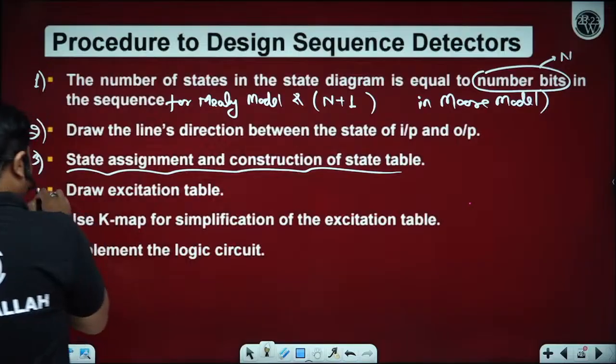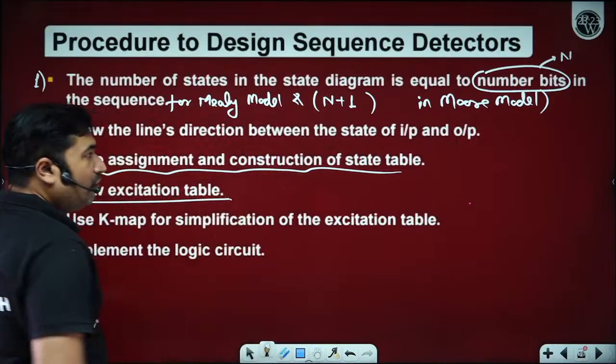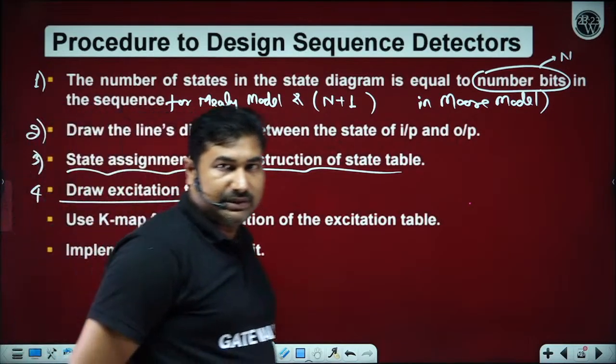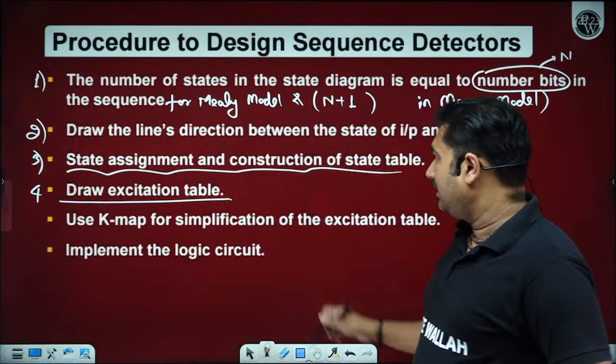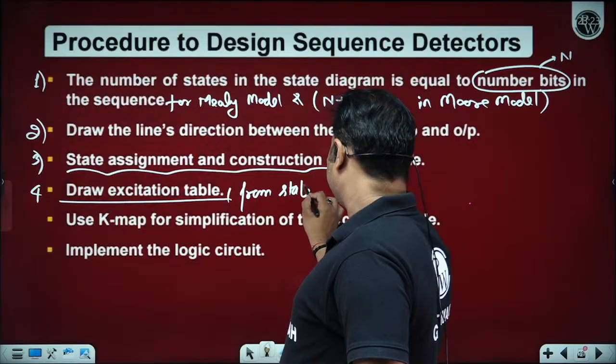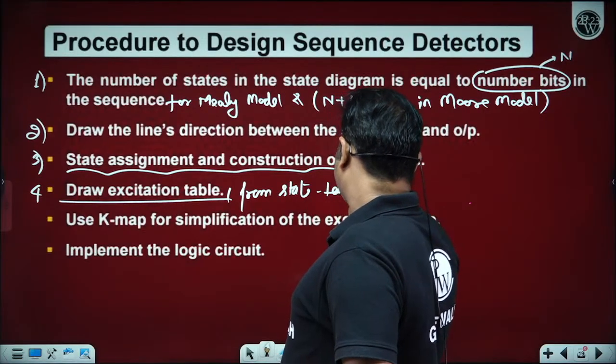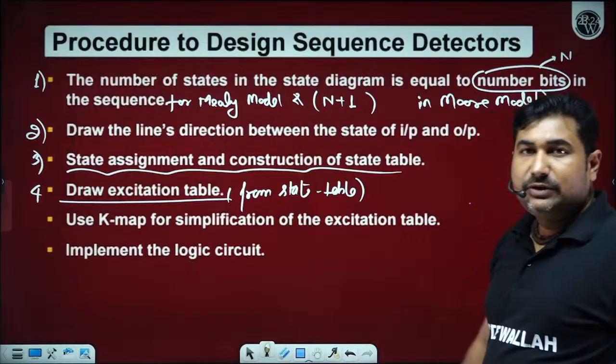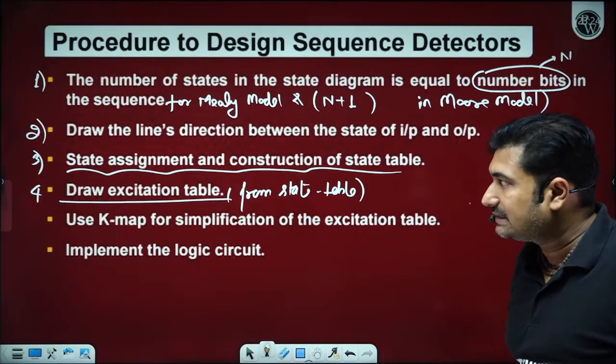Fourth step is to draw the excitation table from the state table. Whatever state table we have constructed, we will utilize it to draw the excitation table.